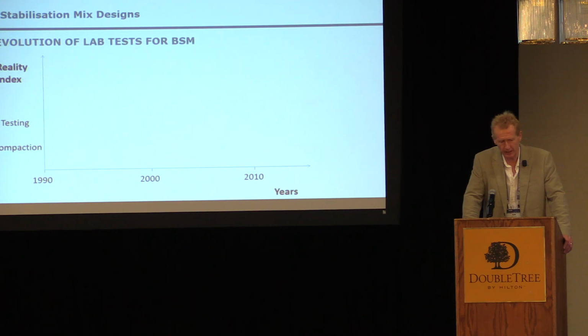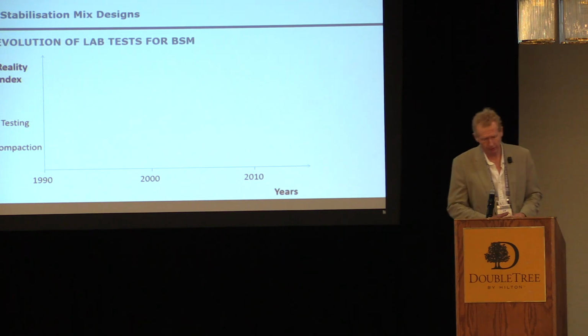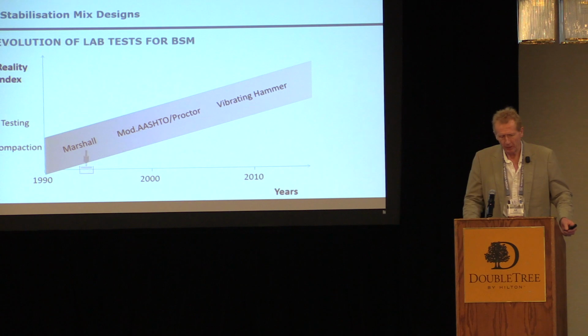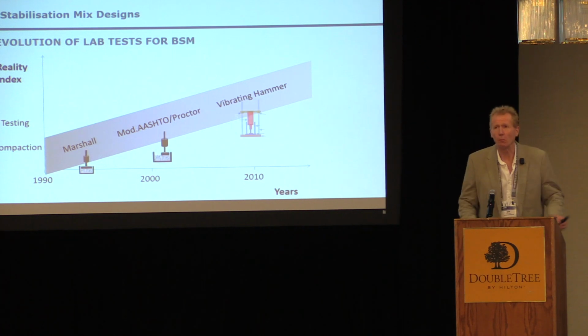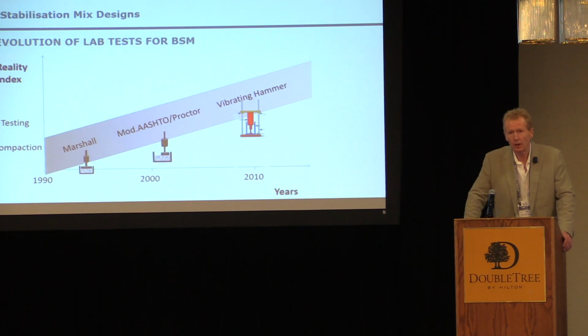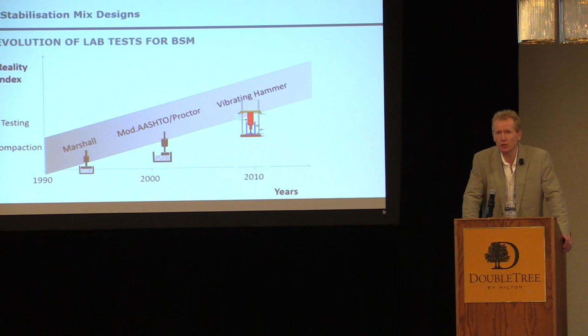On the vertical axis is our sort of reality check, reality index. So if we look at what has happened on the compaction front, this technology really started with Marshall compaction and 100 millimeter or 4-inch diameter specimens.